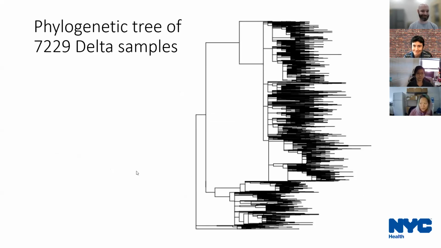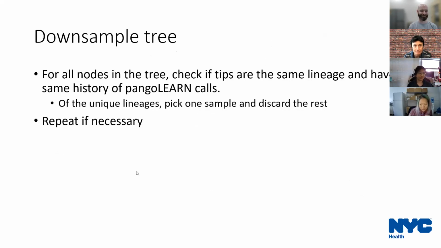It's a bit overwhelming. I don't know how to visualize this because there are just too many overlapping tips. So I was like, okay, we have to downsample this tree. The strategy to downsample is basically for all the nodes in the tree, you check all the tips resulting from that node, and if they have the same lineage and the same history, because we ran this 7 times, then you just pick one of them, discard the rest of the tips, and repeat if necessary.